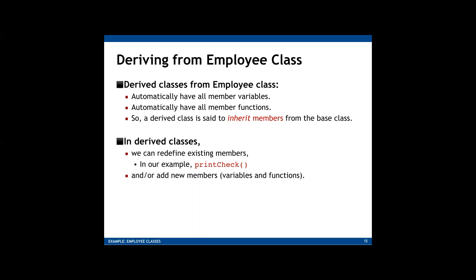The derived class inherits all the member variables and member functions of the base class. It is done automatically. You don't need to do any additional task. So the derived class automatically has all member variables and member functions that the base class has.